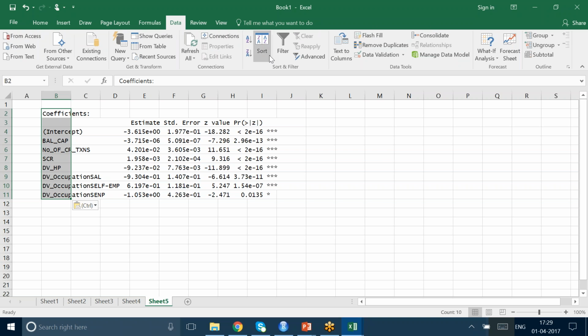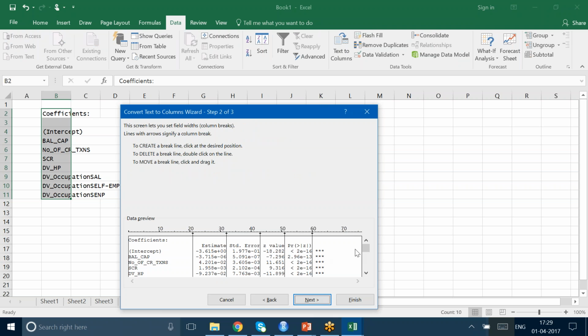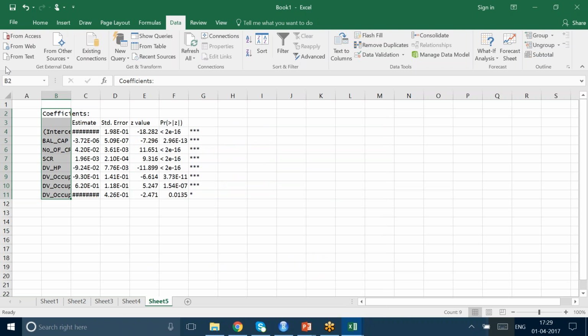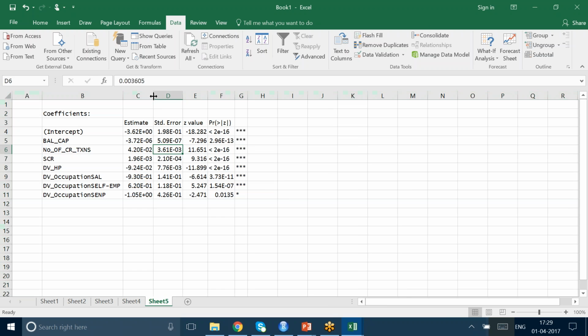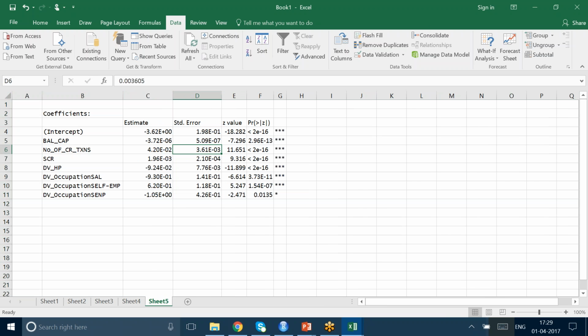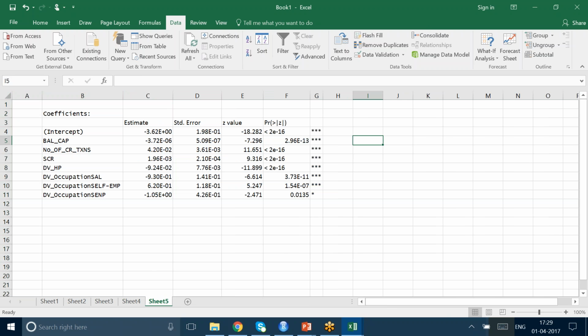Data, text to column, delimited, or probably I'll take fixed width because that's a better way to get it. So all these things have now properly come. This is my dev sample. Let me put dev.